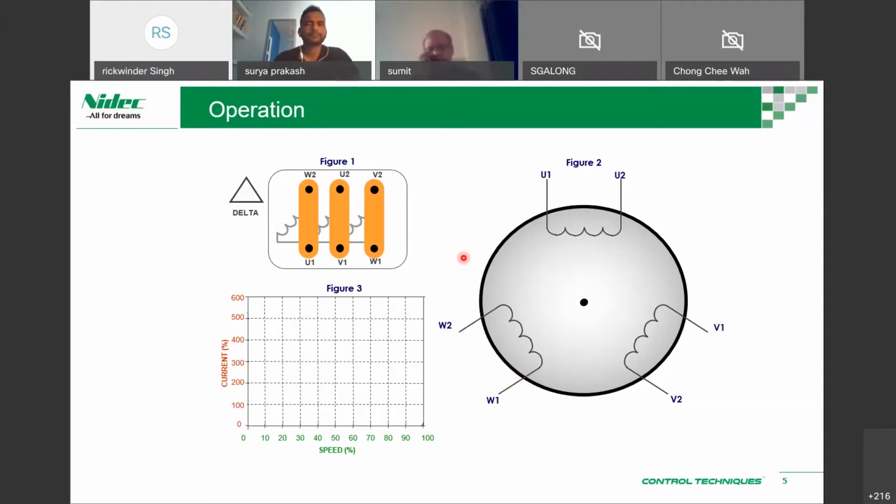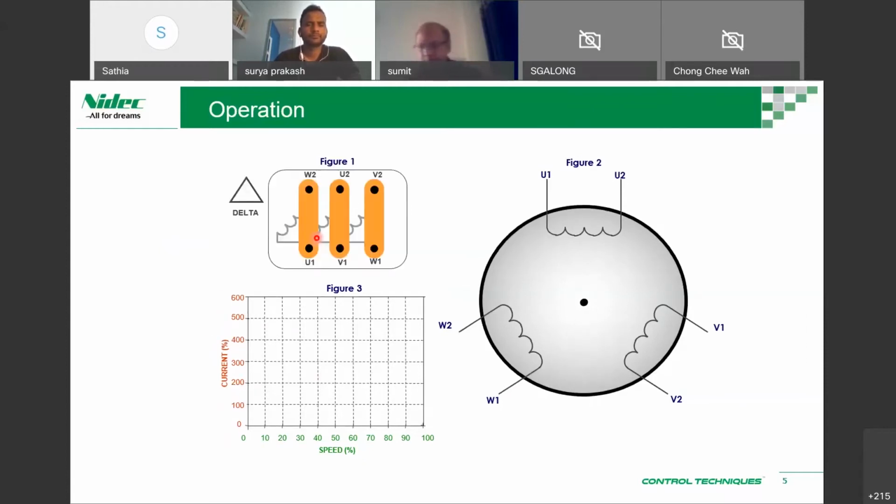So it creates a triangle or delta shape, so to speak. If we have 6 terminals, we'll be given these bars to connect whether it's a star or a delta. Okay.